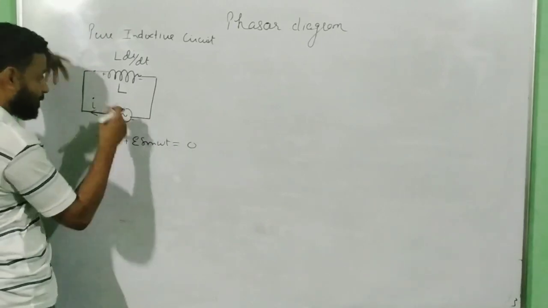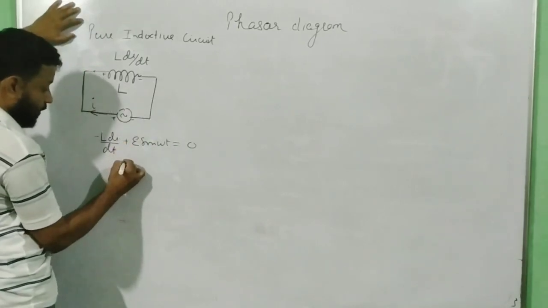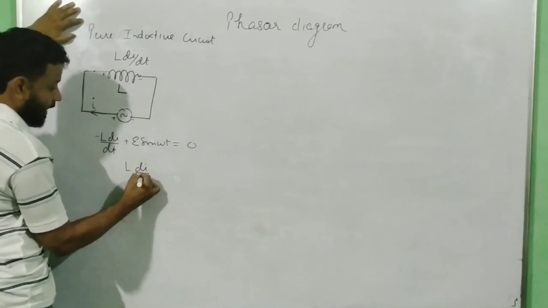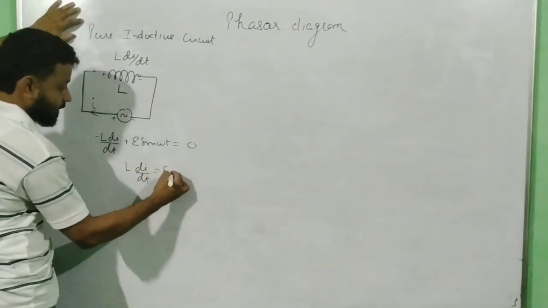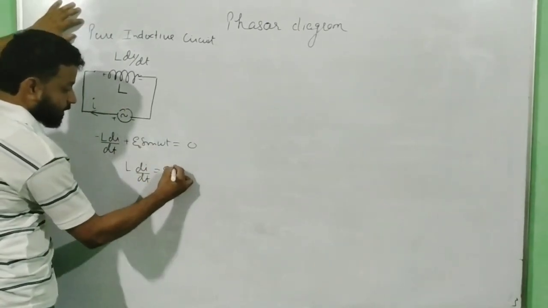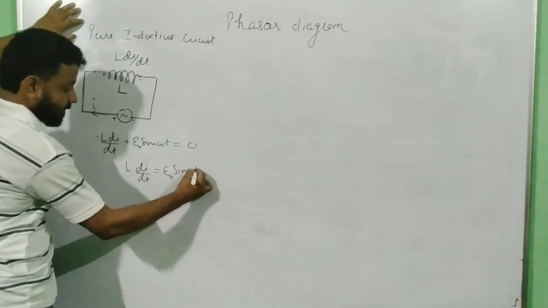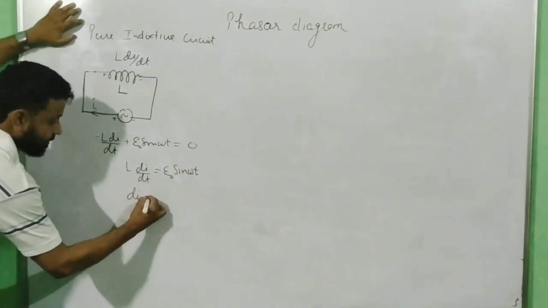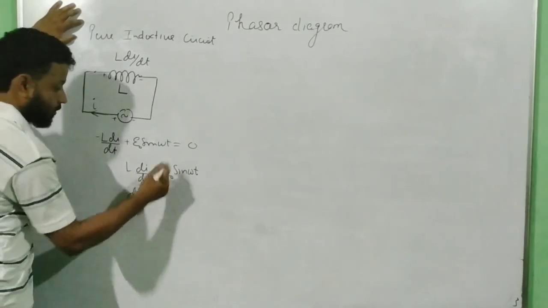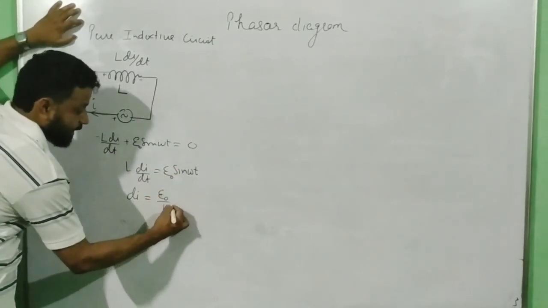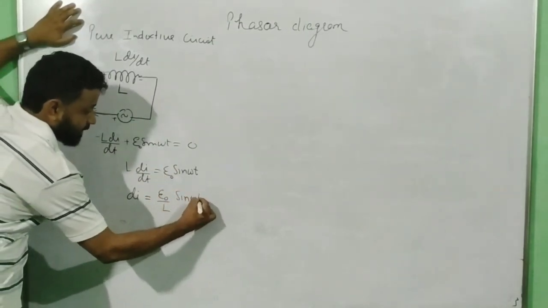Or to cut it short, this equals this. So L di by dt equals E naught sine omega t, and this gives di equals E naught by L sine omega t dt.